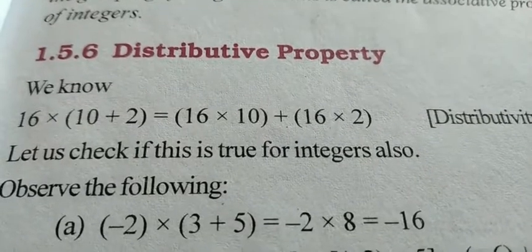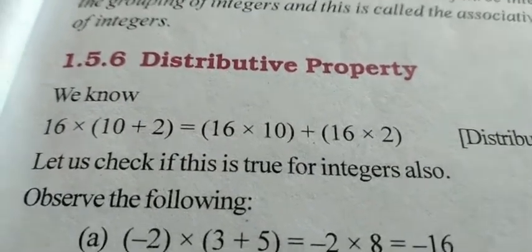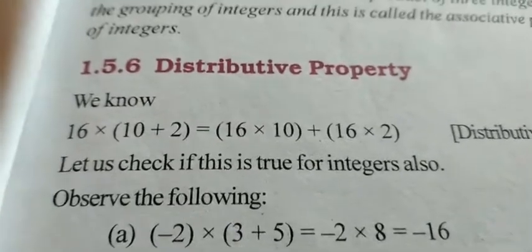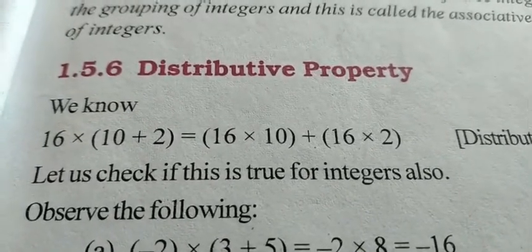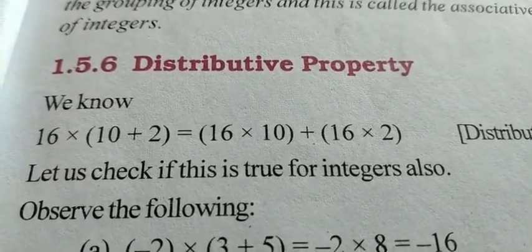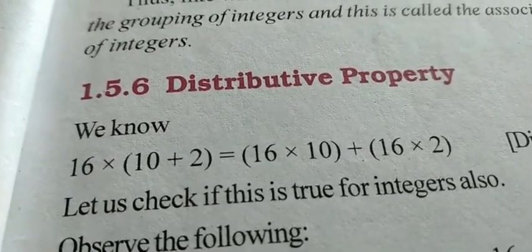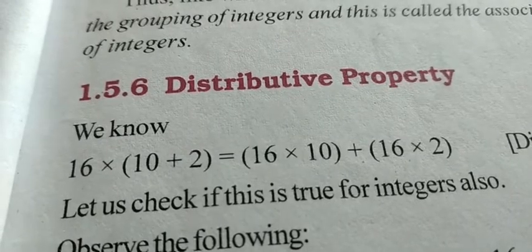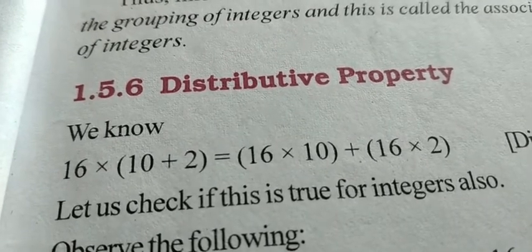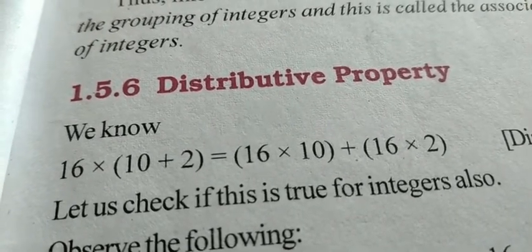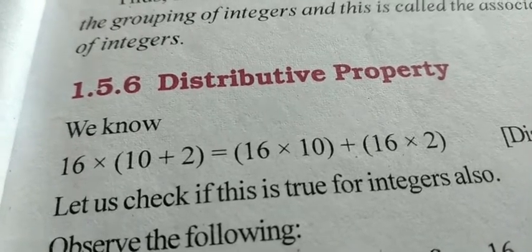The answer on the right hand side will be 160 plus 32, which gives you 192. You can check with the left hand side: 10 plus 2 is 12, and 12 multiplied by 16 gives you 192.